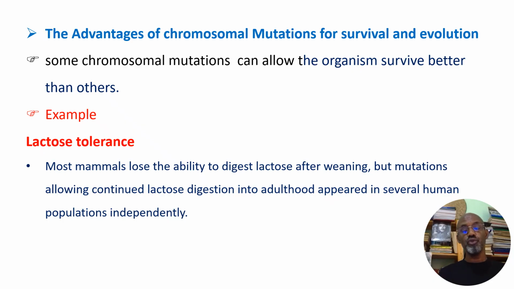Most mammals lose the ability to digest lactose after weaning, after they have stopped feeding on milk. But mutations allowing continued lactose digestion into adulthood appear in several human populations independently, around the world. What is the benefit of this mutation?